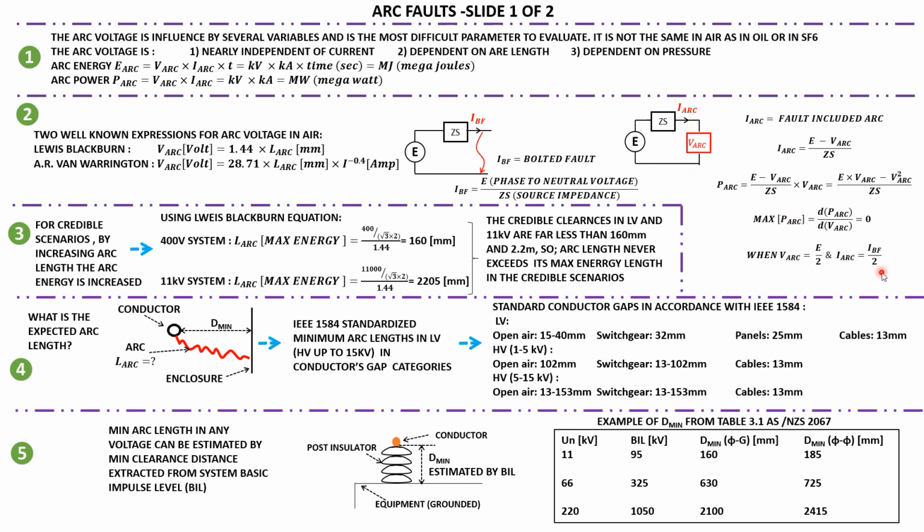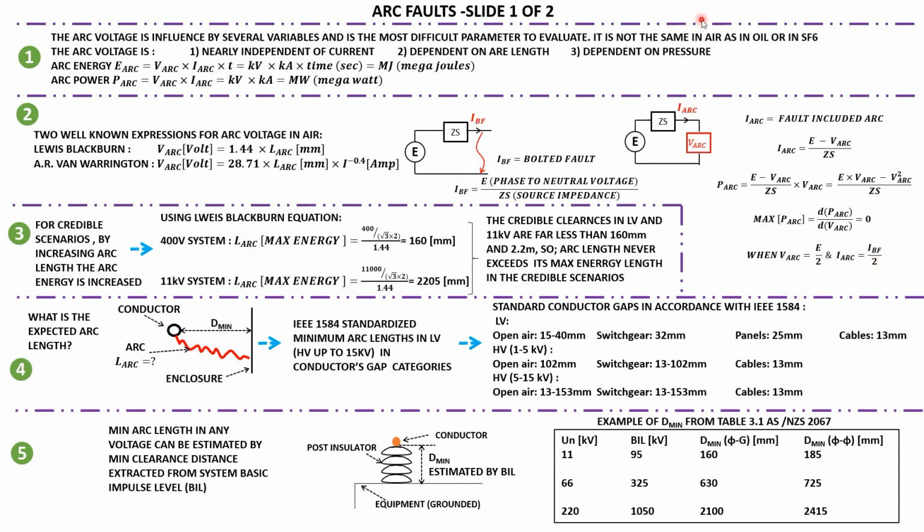So basically this equation says that by increasing the arc voltage or arc length, the energy of the arc increases up to the point that the arc voltage reaches half of the source voltage. And the arc current at that point is half of the bolted fault current.